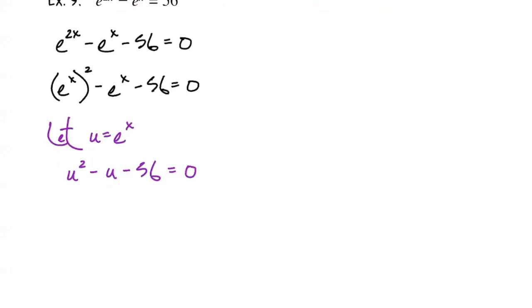Let's try that factoring by grouping again. U squared, I'll leave some space, negative 56. What might be a clever way of writing negative 1u? 7 minus 8 or negative 8 plus 7. Negative 8 plus 7, I would buy that. Negative 8 plus 7 definitely gives us negative 1.